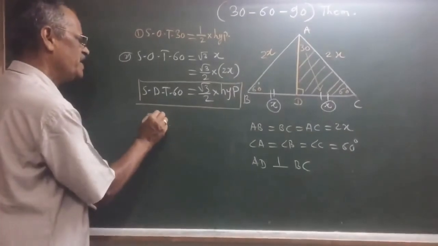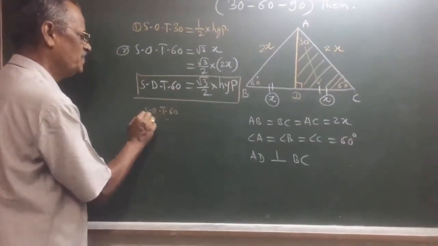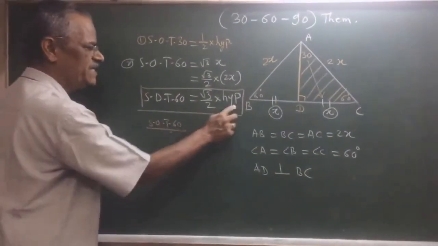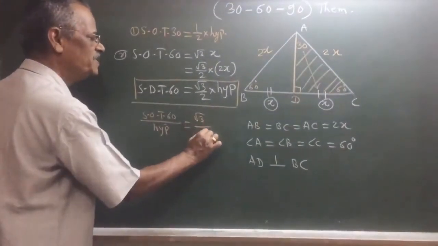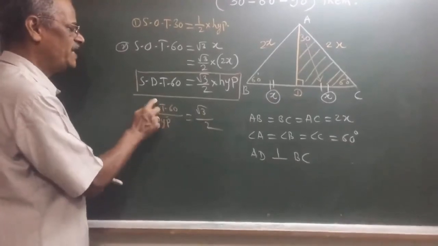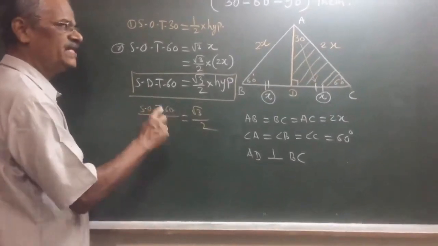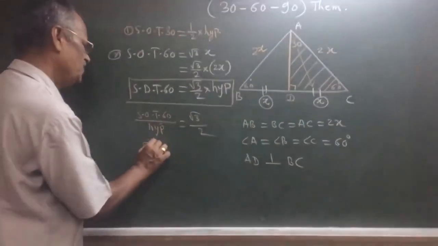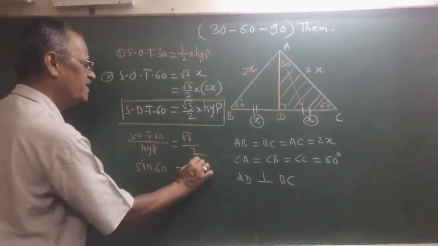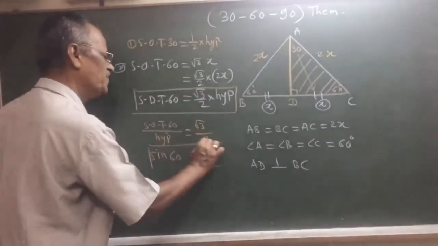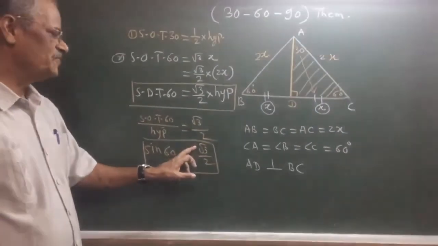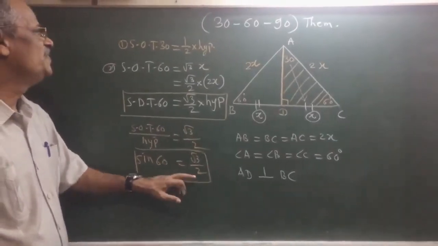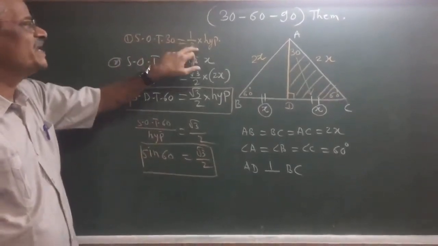So again you can try to find the ratio. Side opposite to 60 divided by hypotenuse is equal to root 3 upon 2. And you know that opposite upon hypotenuse is again the sine ratio. So sine of 60 is equal to root 3 by 2. So a very interesting relation. Sine 60 is equal to root 3 upon 2. Sine 30 is equal to 1 upon 2.